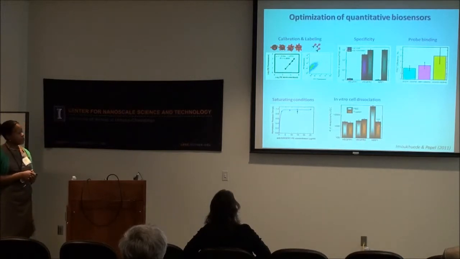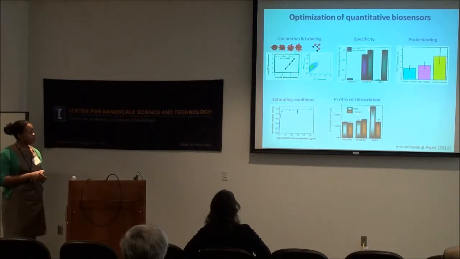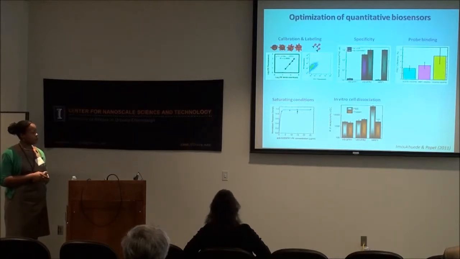Here you can see that neuropilin levels are significantly affected by the use of trypsin in lifting HUVEC cells, so for in vitro culture, we actually only use a chelating solution so as to preserve our receptor levels.